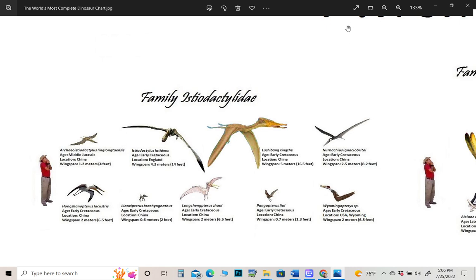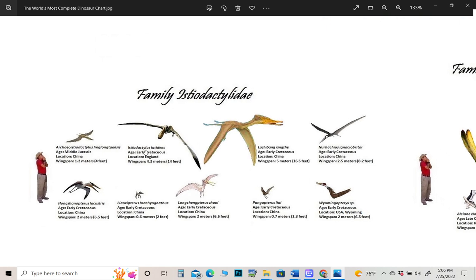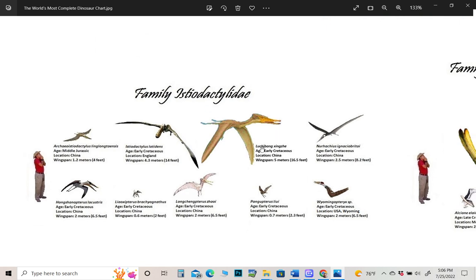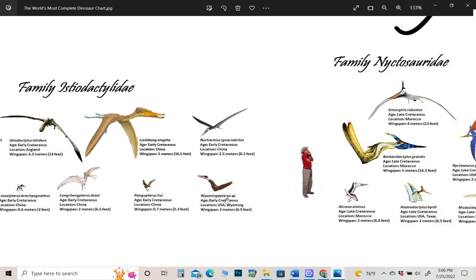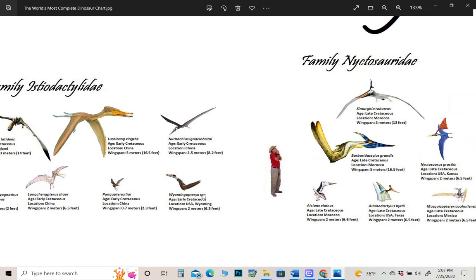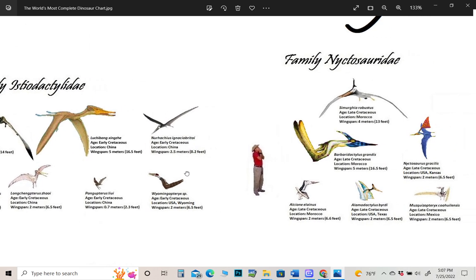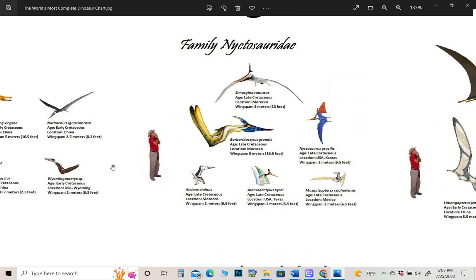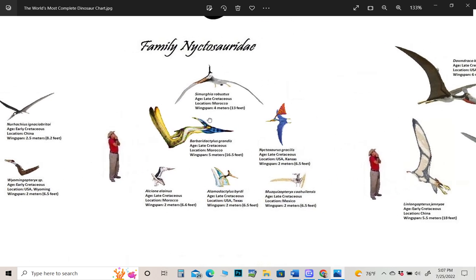It was renamed because of the dinosaur we discovered, which we mentioned earlier. This has now been renamed, which then renamed the family as well. Liaoxipterus, Hongshanopterus, Longchengpterus, Pangupterus, Wyomingopterus, which is just a dubious genus, but who knows, it might be properly named at some point.